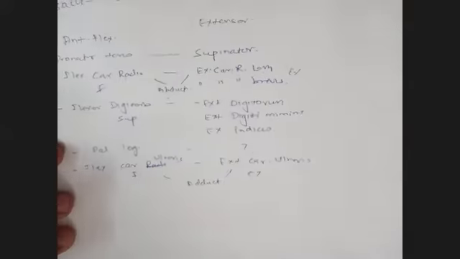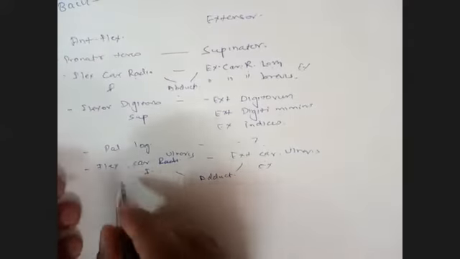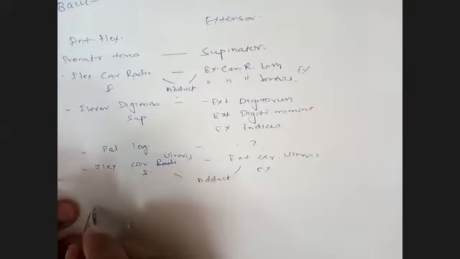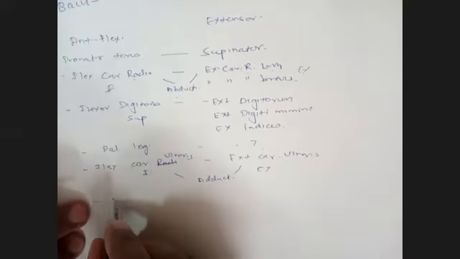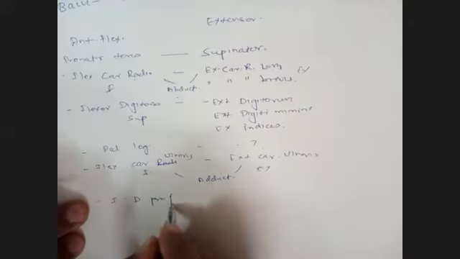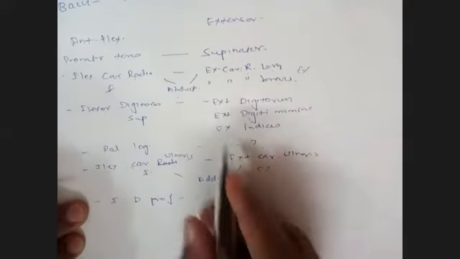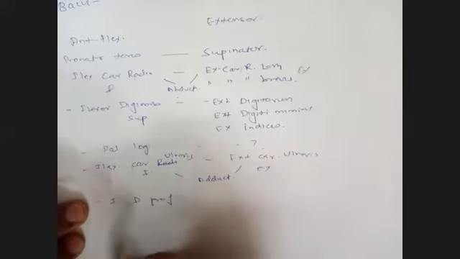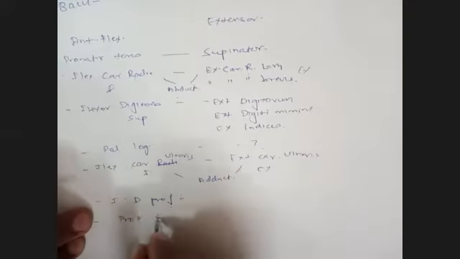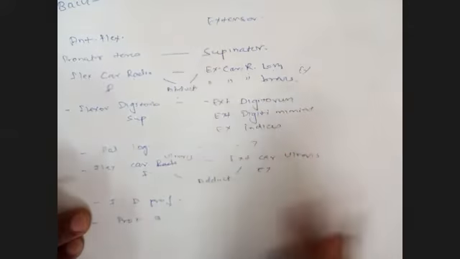Then there were deep muscles, right? There were some deep muscles in this compartment, and these deep muscles were flexor digitorum profundus. We already saw that there is no deep, there is only extensor digitorum. Then there is pronator quadratus; there is supinator over here.